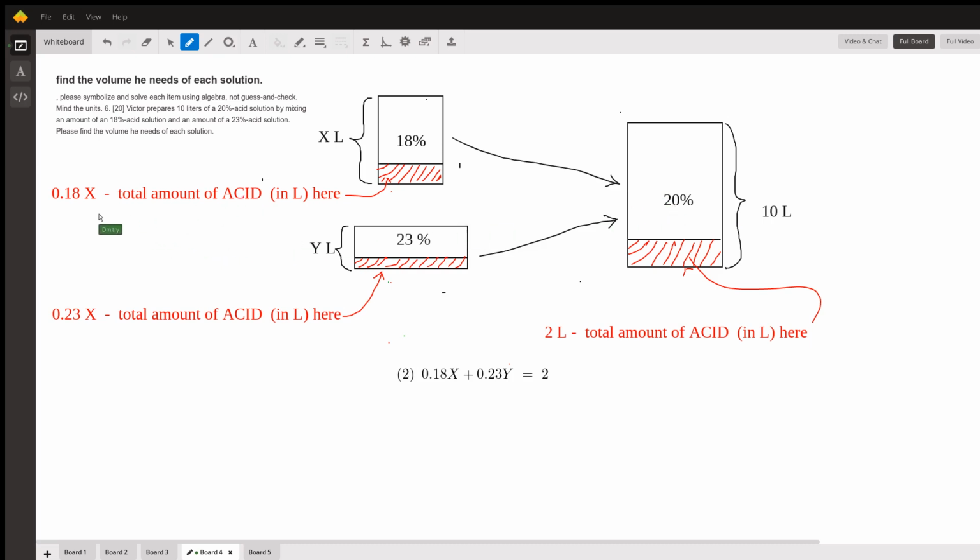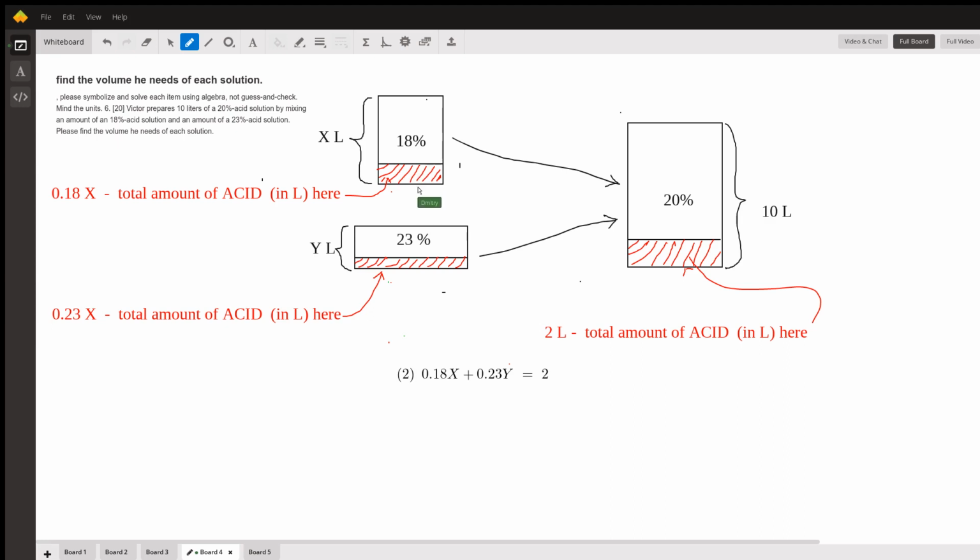So here we just need to say it will be 0.18 of x, where x is the total amount of that solution. And the same we do for the second one, which is 0.23y. So this is a really important piece to understand: this small rectangle that I put red lines around is the total amount of acid in this solution.